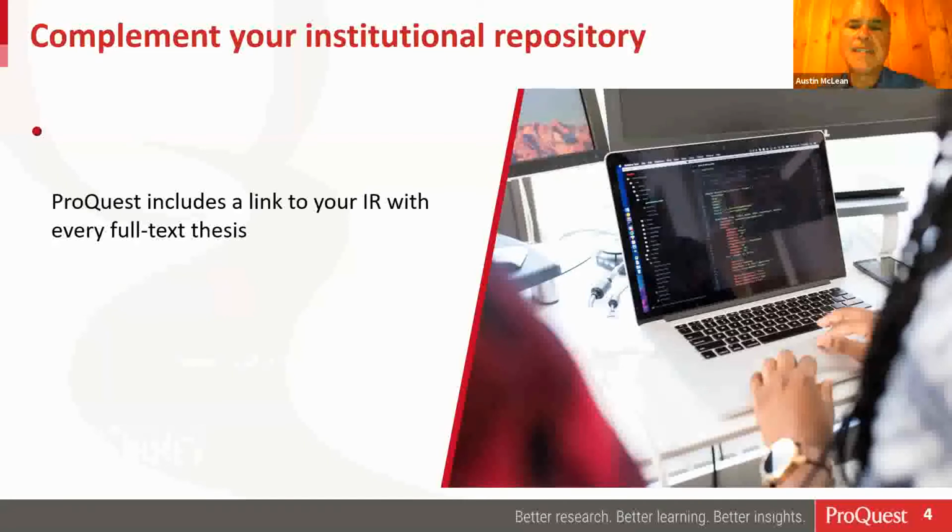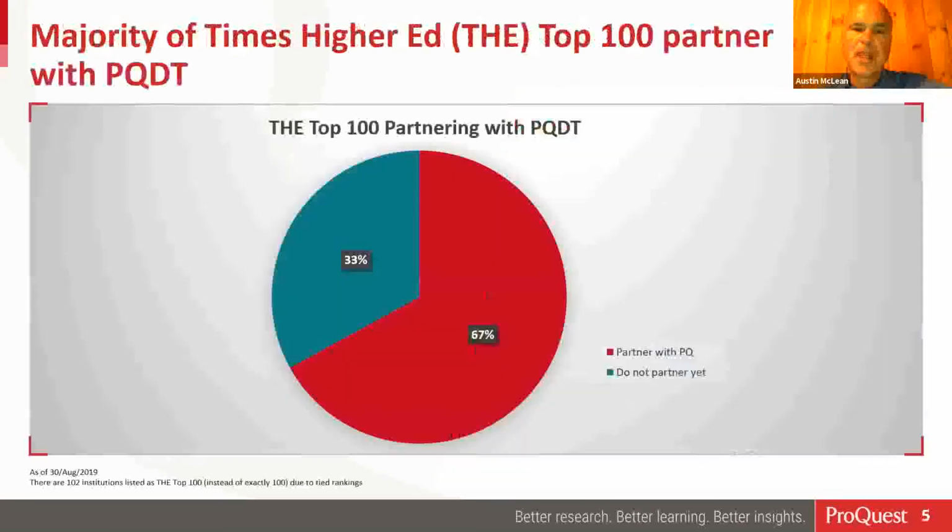And we've seen this drives institutional repository traffic in exponential terms. We did a study with the London School of Economics who found that they had a great increase in their repository traffic, in part due to the ProQuest reach. You'll join the majority of the top Times Higher Education universities that partner with ProQuest to have their research discoverable through the ProQuest Dissertation and Thesis database.